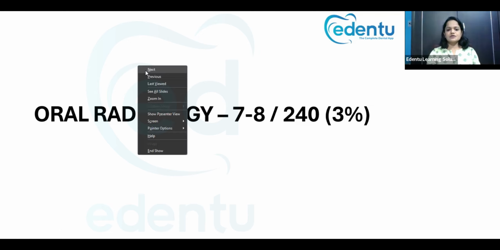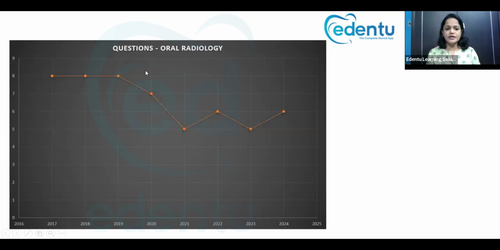Now let's look at the trend of the oral radiology questions that were asked in previous years. Starting from 2017 till 2024, you can see that a maximum of 8 questions and a minimum of 5 questions were asked in these last 7 years. So anywhere between 5 to 8 questions can be asked.